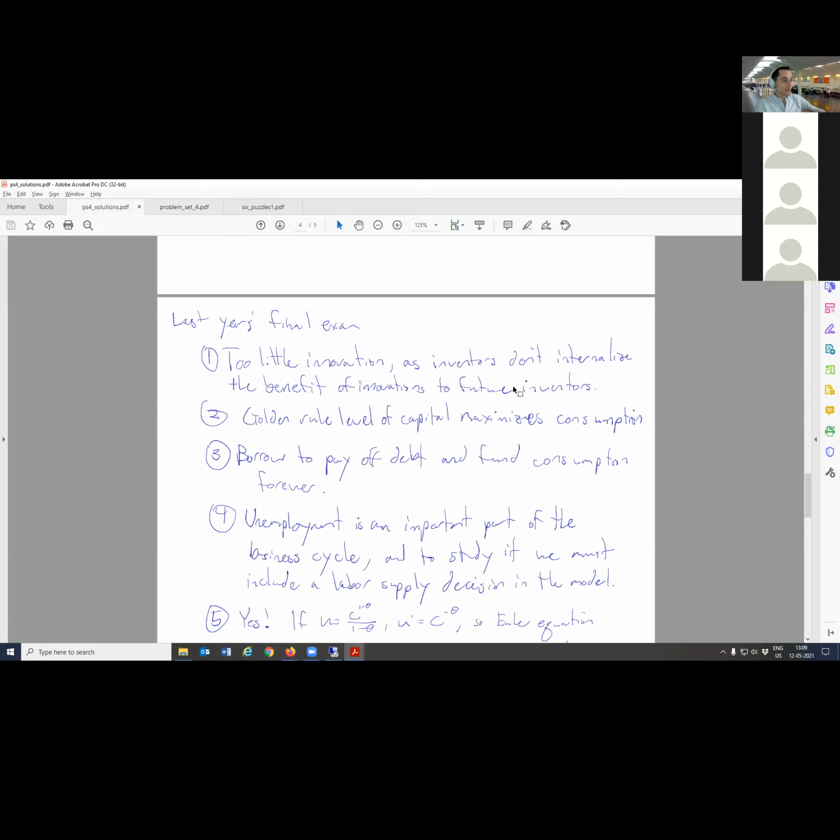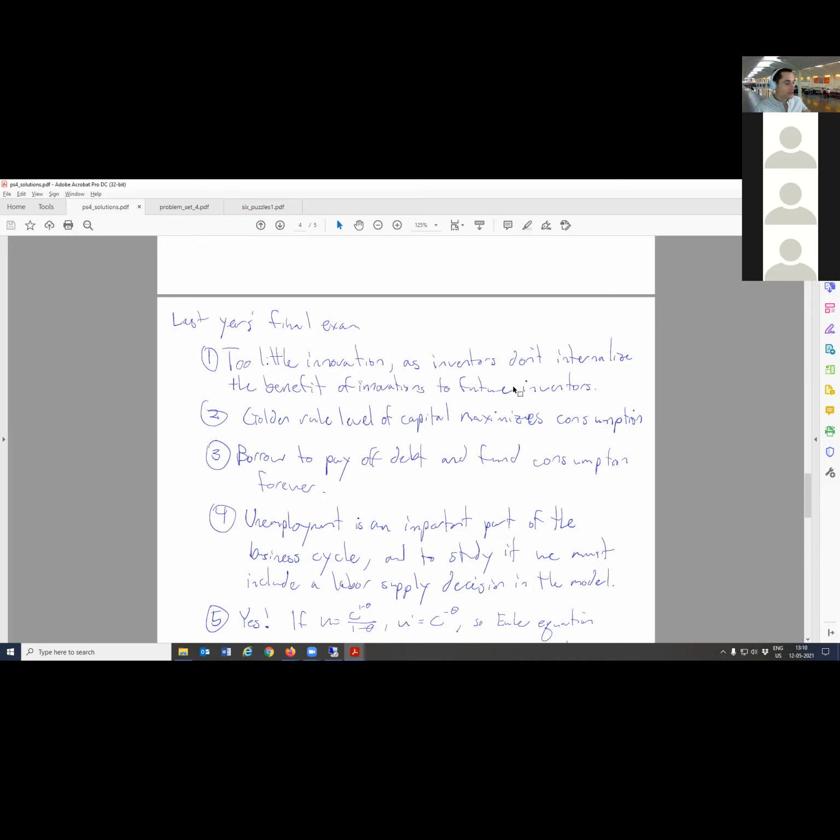Right? And then just to say one more thing, since I'm talking to you guys, the idea would be that when you invent something in the Romer model, it decreases the cost of inventing the next thing, right? But as an inventor, you don't internalize that benefit.